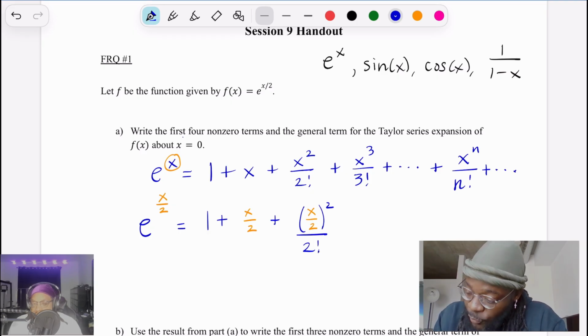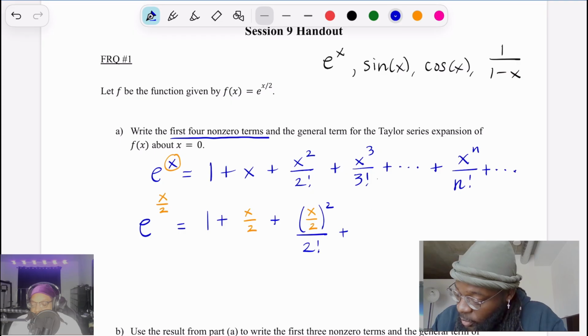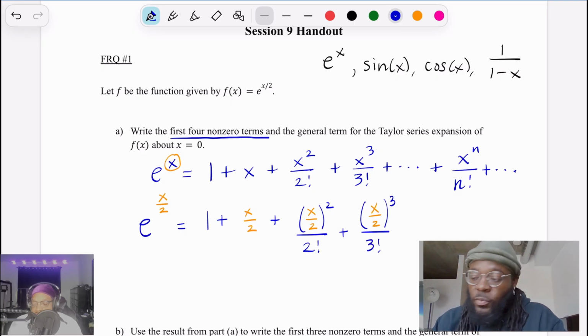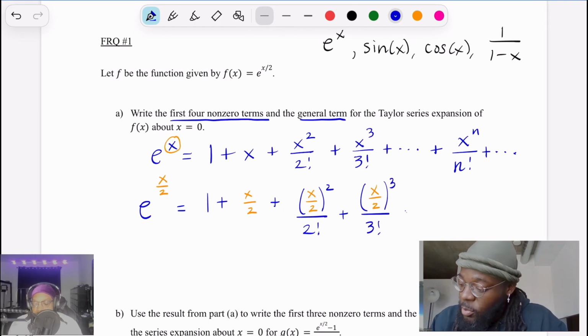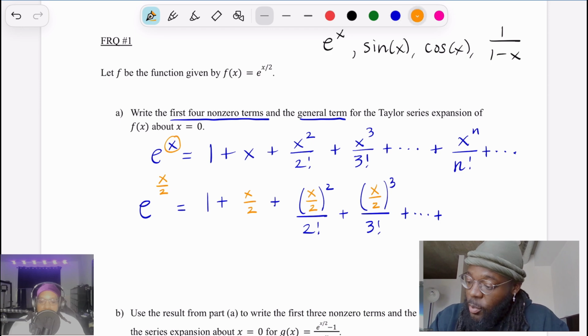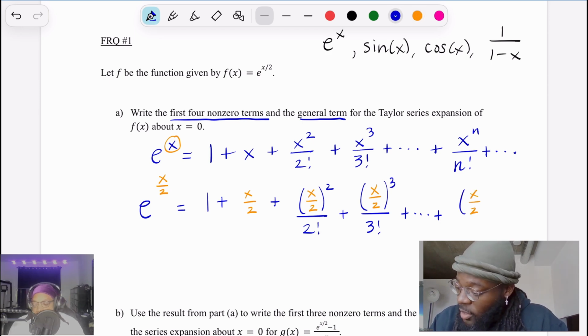And we want the first four non-zero terms. So I got to go out one more term here. x over 2 quantity cubed over 3 factorial. And then we also want the general term as well. So the general term is the term with just the n in it. So I'm going to go plus dot dot dot, and then replace my general term with x over 2 quantity to the n over n factorial.